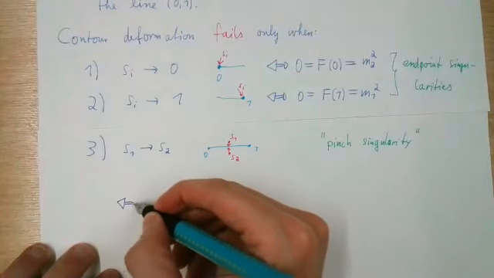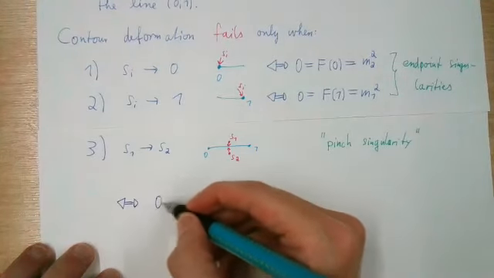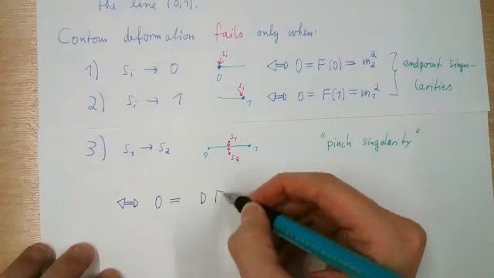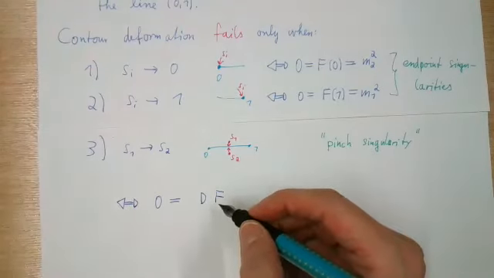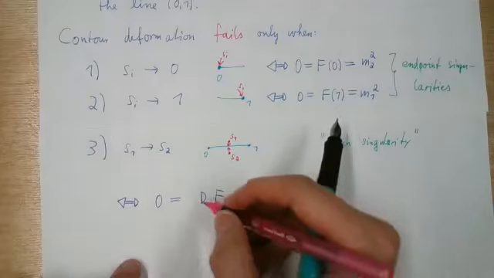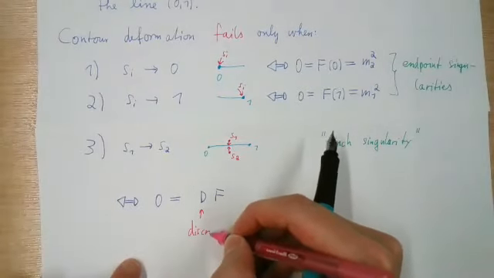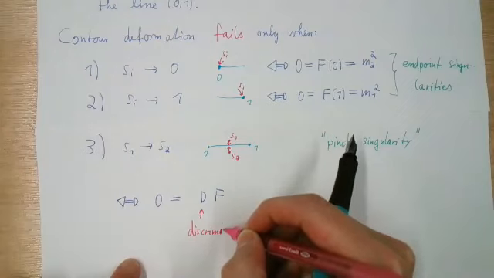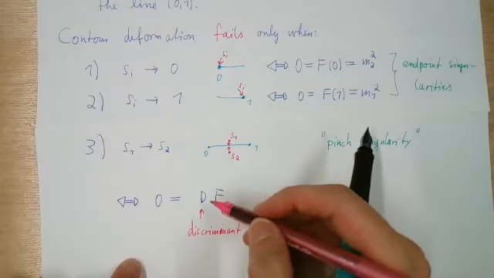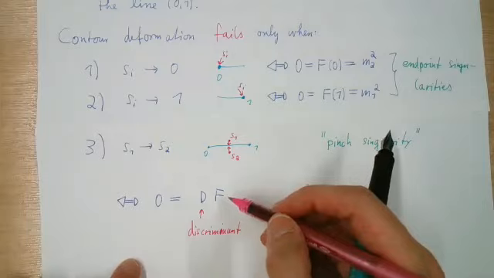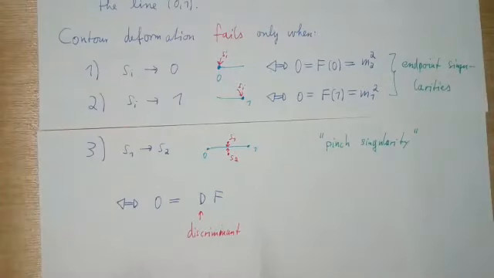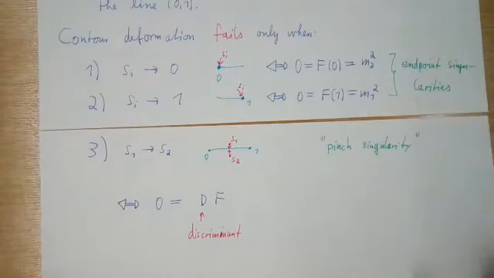Now, how do you characterize this? This is described by what's called the discriminant. So whenever you have a polynomial, whatever degree, there is another polynomial associated to it, which is called the discriminant, which vanishes exactly when f has a repeated 0. So how do you do this?